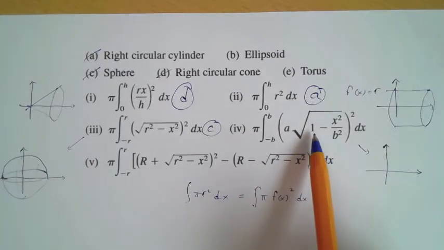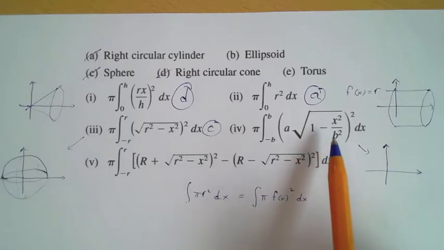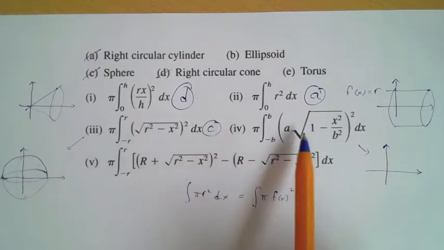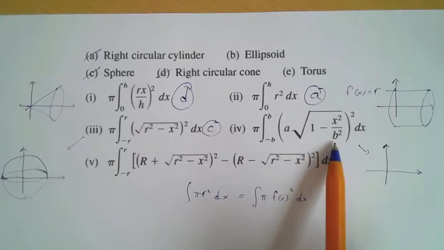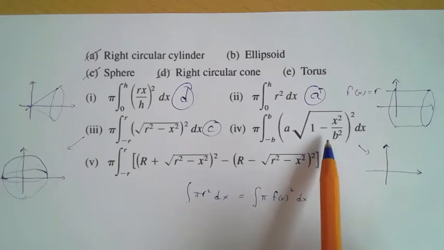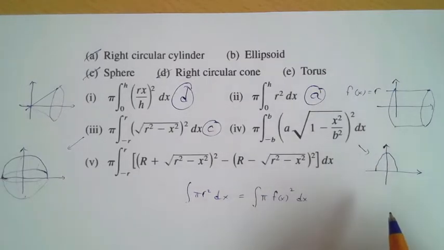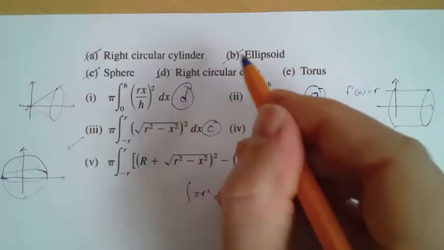If you have some memories of pre-calc, you may recognize this as half an ellipse, but anyway, it does look slightly like a circle. The only difference is we multiply or divide by some factors, a and b, which squeeze or stretch the circle, and that means it's a semi-ellipse. When you rotate that, you get the ellipsoid given in B.